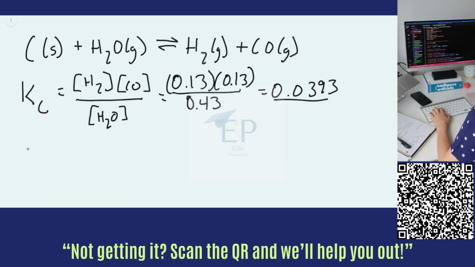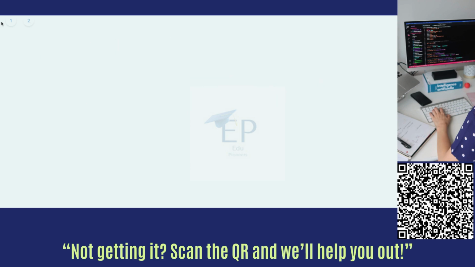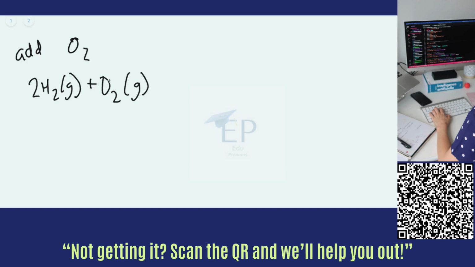And so now we add some O2 to the reaction. And so now we have the reaction, and it reacts with the H2, is what it says in the question. So we have the reaction 2 H2 plus O2 forms 2 H2O.